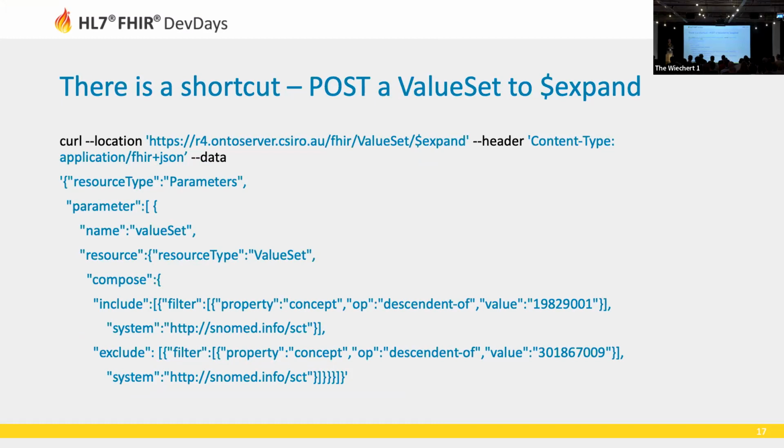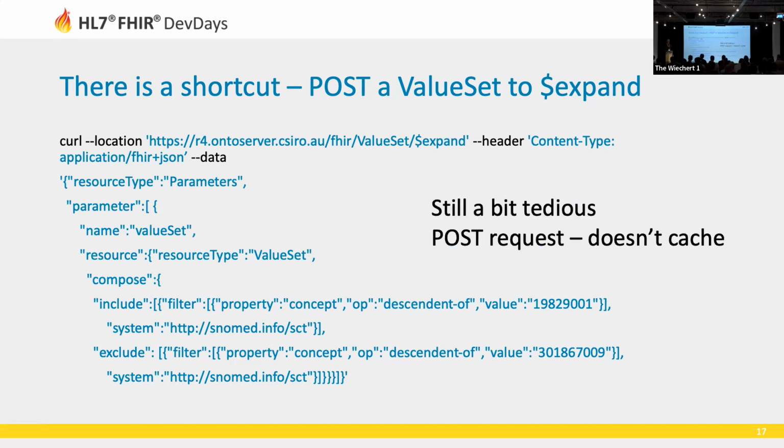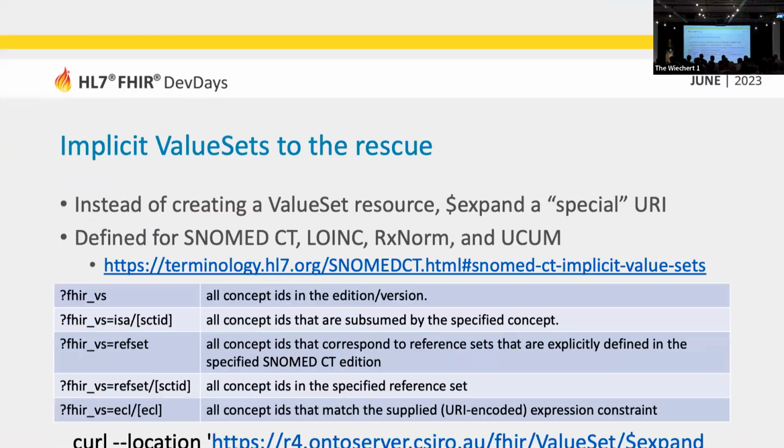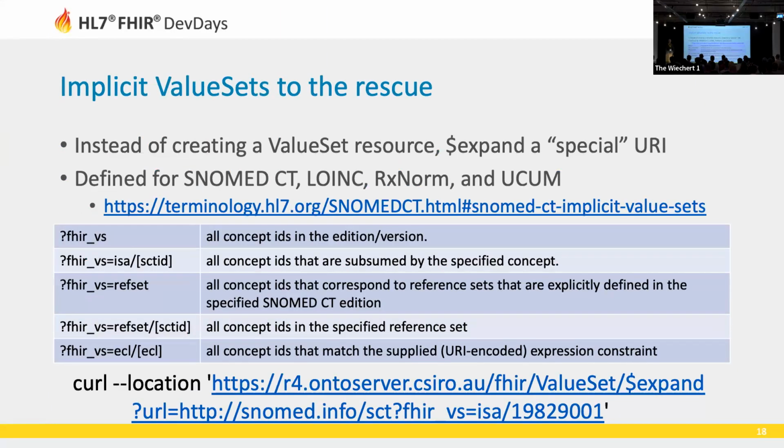And what the server will do is use that definition of the ValueSet from the body, calculate the response and return it to you, and then drop the ValueSet on the floor because it doesn't need it anymore. So that's a way of doing it. It's still a bit tedious because it's quite a lot of stuff to put in there. And it's a post request, so it's not going to cache very well in web caches like a GET request would. So, implicit value sets.